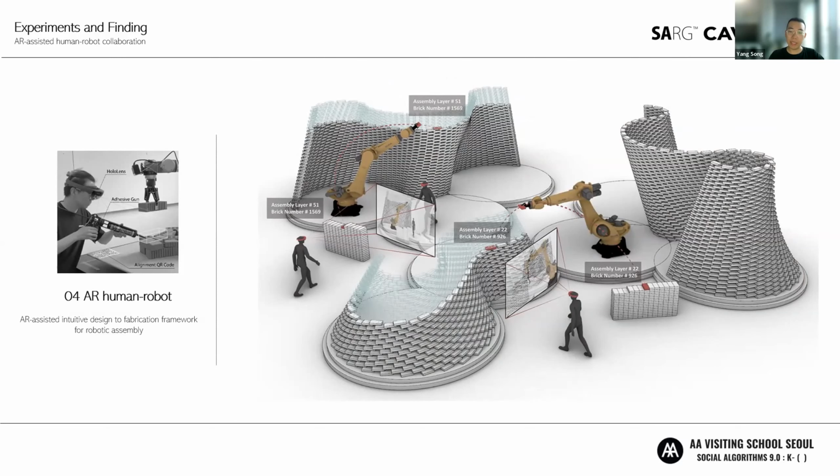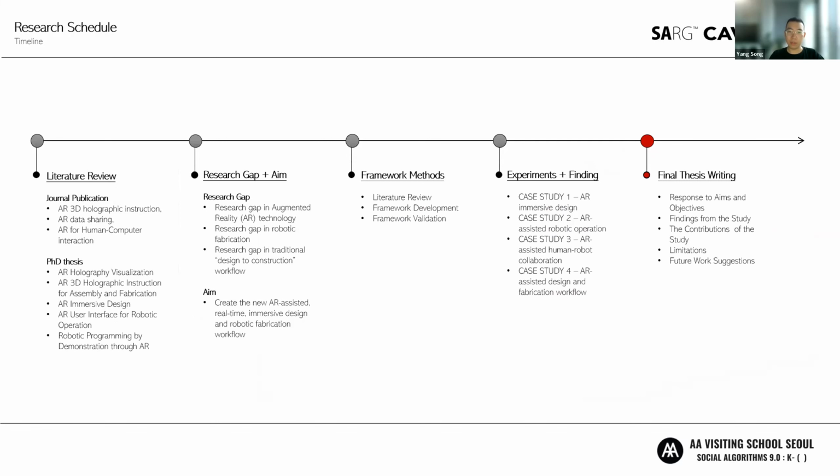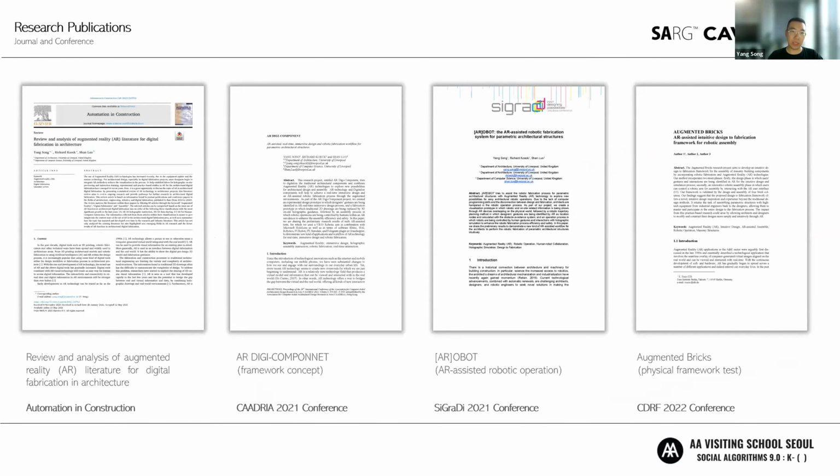I have published several journal and conference papers along my research, from the literature review to research outcomes. So if you are interested, you can search for them. The first is the literature review I just talked about before, and the second is the ARDJ component, which described my research framework concept, and it was published in SIGRADI 2020 and Cadria 2021.